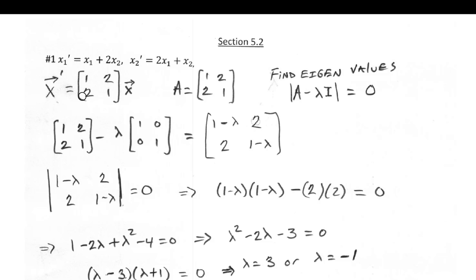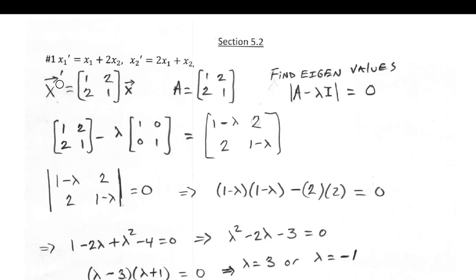We are given a system of differential equations, x1 prime equals x1 plus 2x2, and x2 prime equals 2x1 plus x2. What I like to do is write this system of differential equations as a linear algebra matrix style system.